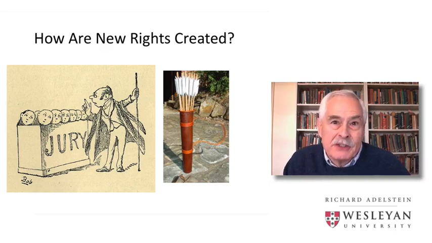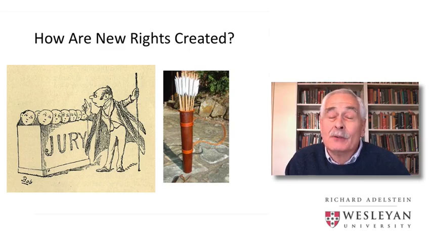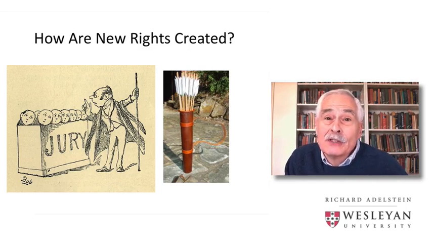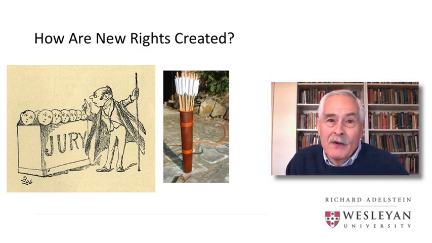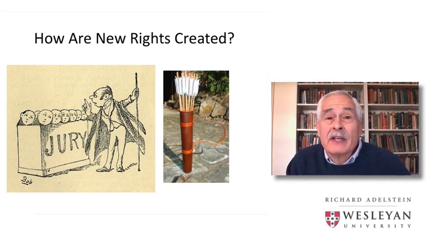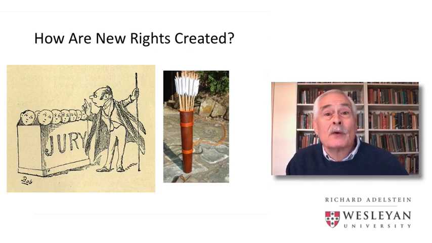But once a decision is made in the dispute between Simone and her neighbors over who has the right to use the transporter machine in Simone's room, the effect of that decision will have been that the judge will have taken one of those arrows out of the quiver in her chambers, put a label on that arrow that says the bearer of this arrow has the right to use a transporter machine in Simone's room, and then the judge, by deciding the case, would have given that arrow, given that property right to one or another of the contesting parties.